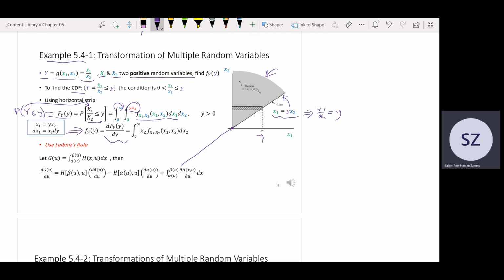In the second integral, the limit is a function of y, so we differentiate with respect to y. If x1 equals y x2, then dx1 would be equal to x2 dy. So you have x2 here because we differentiated this, and the same PDF continues. Whatever the PDF is, you need to work it out.